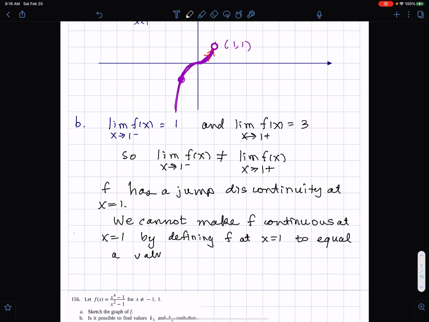I mean, it's not going to do it. It'll still be discontinuous because the limit doesn't exist.